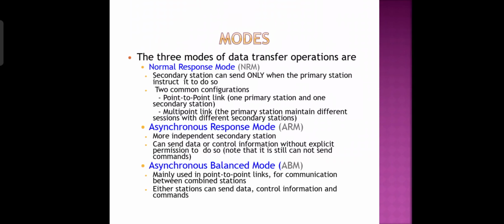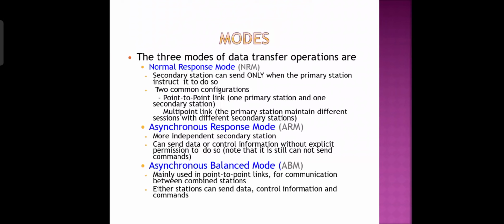Then the three modes of data transfer operation are as follows. First one is normal response mode. The secondary station can only send information when the primary station instructs it to do so. There are two common configurations, that is we can use either a point-to-point link or a multi-point link.